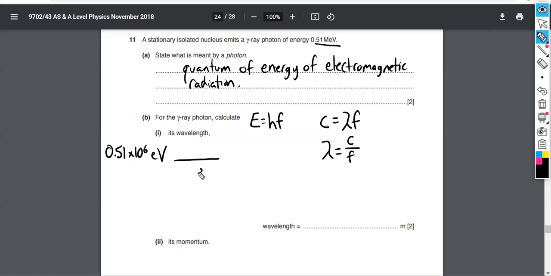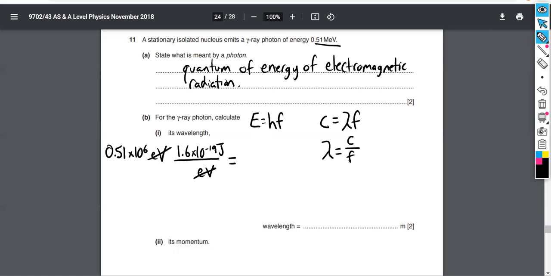Good. An electron volt is equal to 1.6 times 10 to the negative 19 joules. So if we multiply 0.51 million times 1.6 by 10 to the negative 19, we'll cancel out the units we don't want and get the SI units for energy.